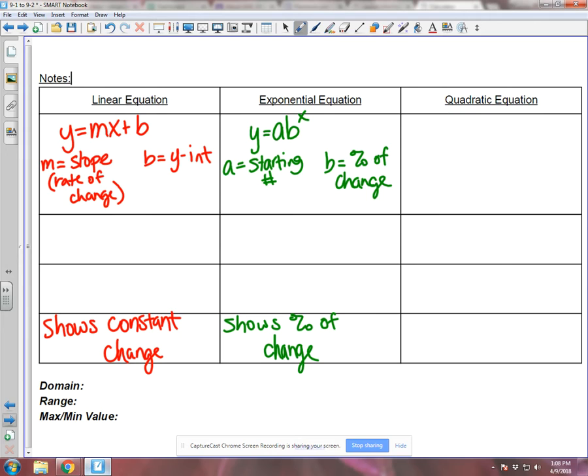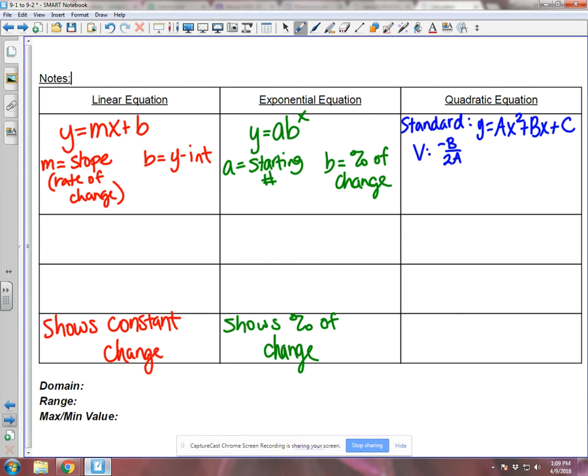Okay, and then this is what we've been doing last week. What's a quadratic equation in standard form look like? Good. And the most important point of quadratic equations is the vertex. How do we find the vertex in this form? And remember, folks, this only finds you the x coordinate.